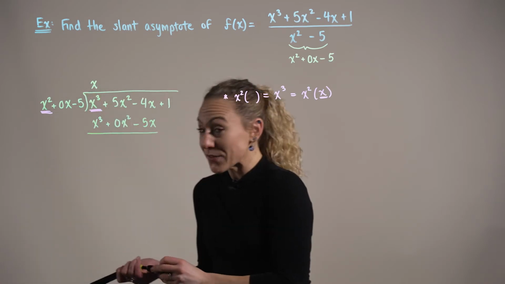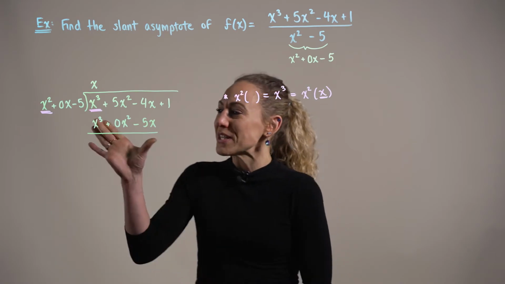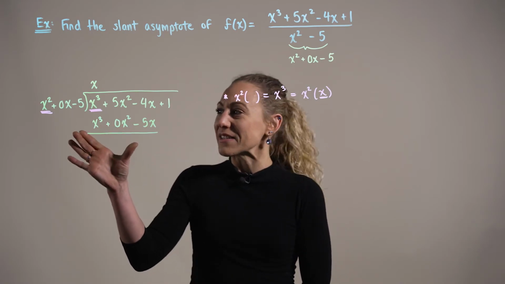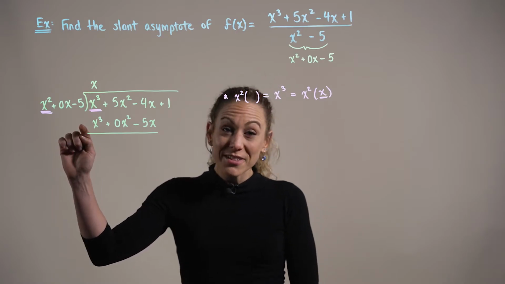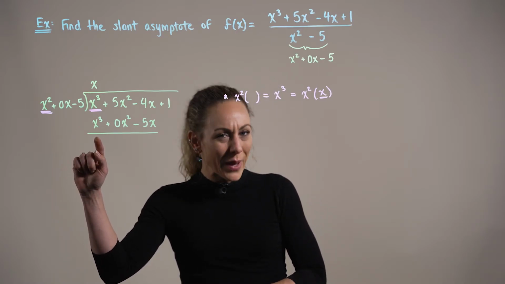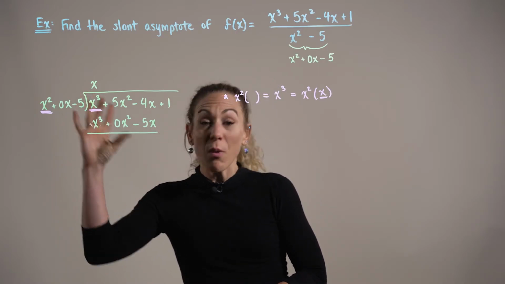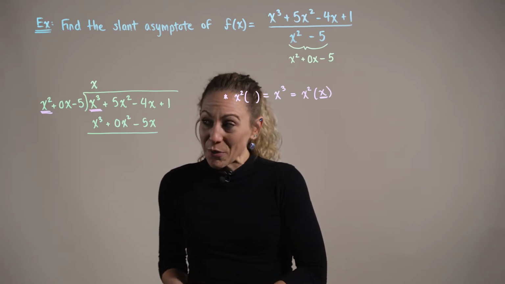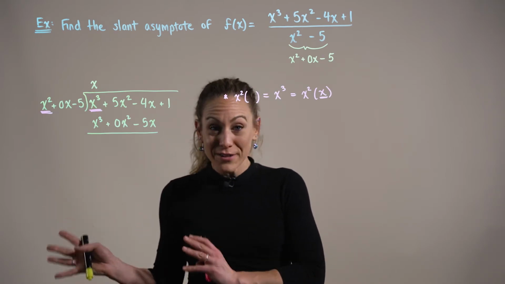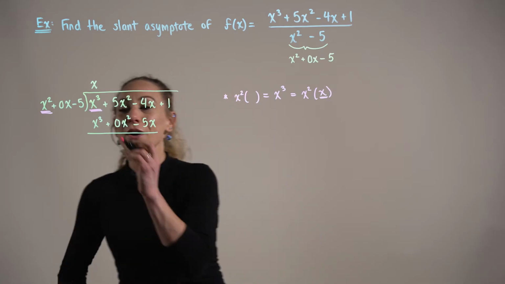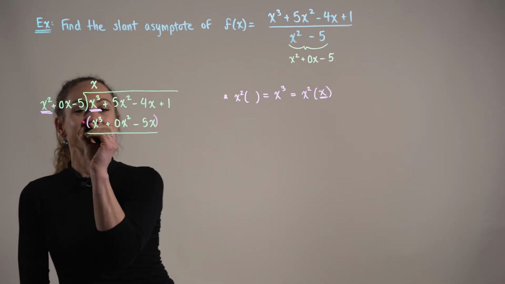Now I want to pause for a cause here. Notice if we left this as it is, we would have x cubed plus x cubed, which would give us 2x cubed. But we want these terms to cancel. So don't forget that this is still long division that we know from algebra. So we are subtracting these terms.